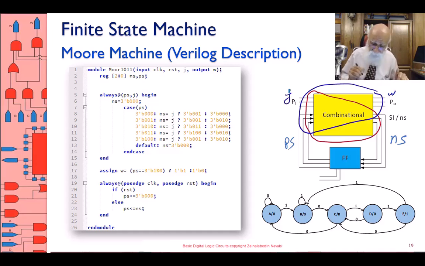This is the J input. And then I have to have something for present state and next state, because I have decided that the PS and NS are going to be given values inside always statements, and therefore I declare them as reg on line 2.